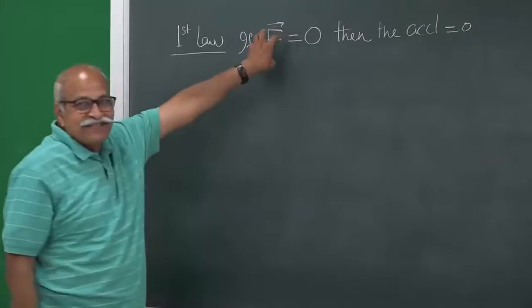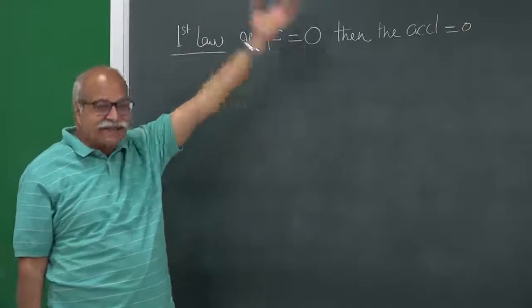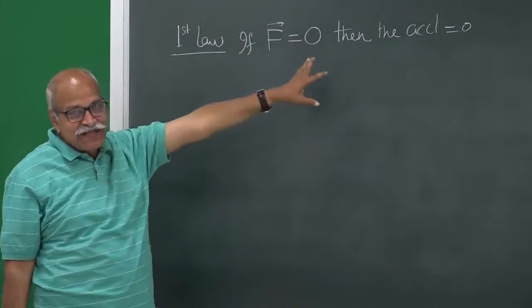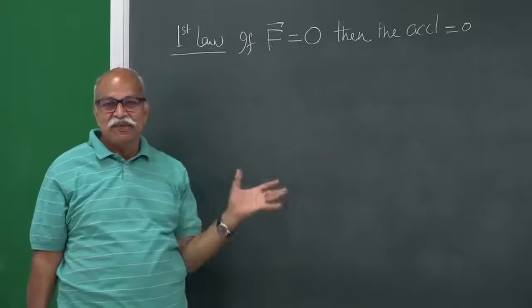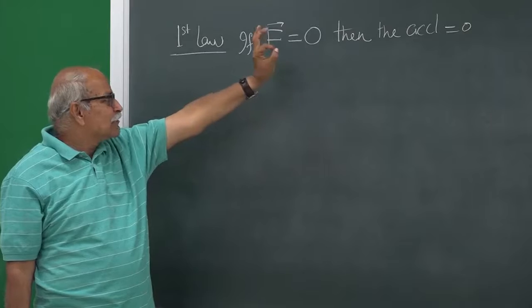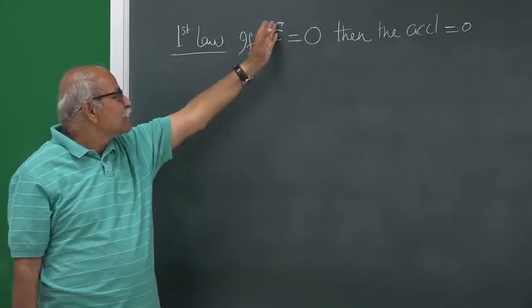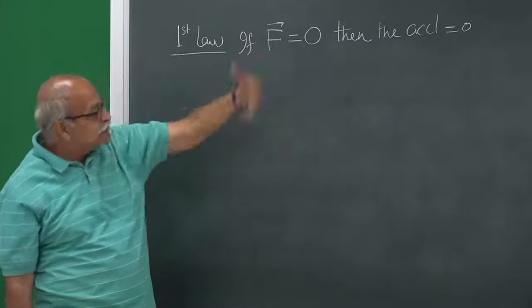In a nutshell, if it is at rest and remains at rest, acceleration is 0, or if it moves with a constant velocity, same direction, same speed, that also means acceleration 0. So, if the total force on the particle is 0, then the acceleration should be 0, and vice versa also.